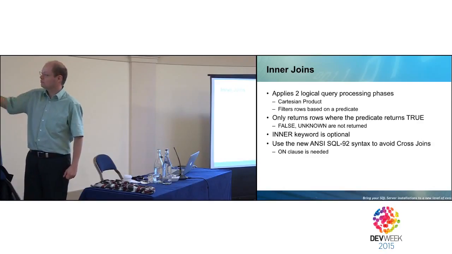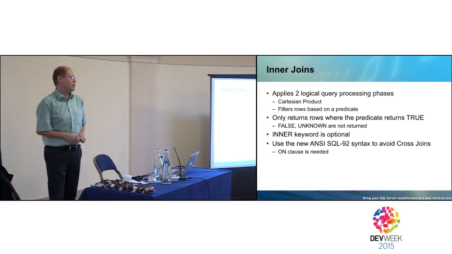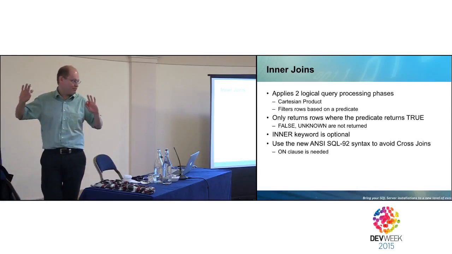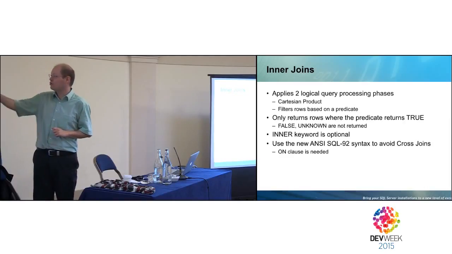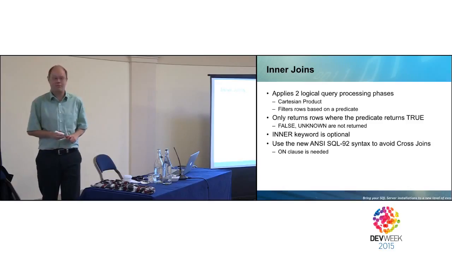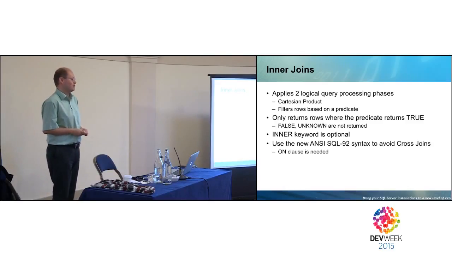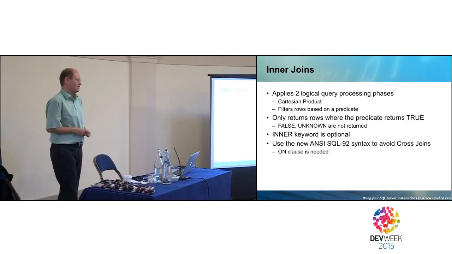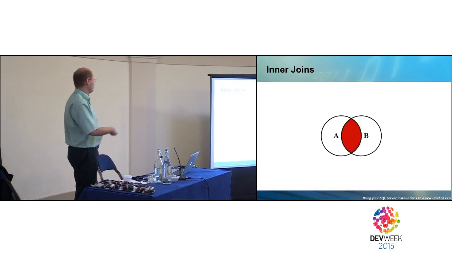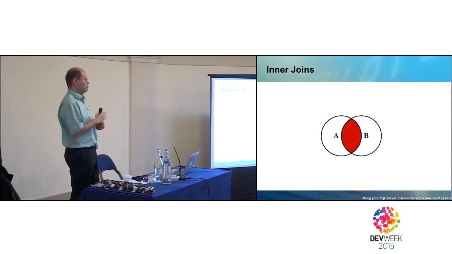In the first step, we create our Cartesian product on the logical level, not on the physical level, because that would be terrible. And then we just filter common rows. So we have here 3 matches. Just think about that. So we're just intersecting both tables and we return those rows which appear in both tables.